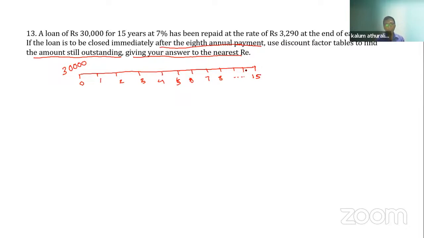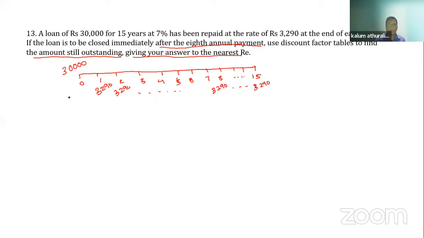The agreement is 15-year payments. Each payment should be 3,290, up to 15 years.